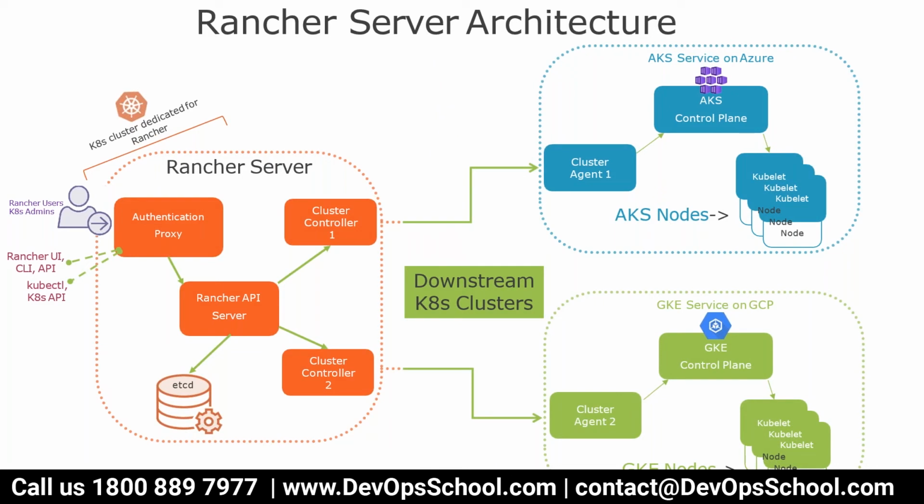Kubelet, right? See, when you set up a Kubernetes cluster, forget about Rancher now, understand about Kubernetes. In every node, there is one tool you install that's called Kubelet. Kubelet is nothing but a Kubernetes agent.